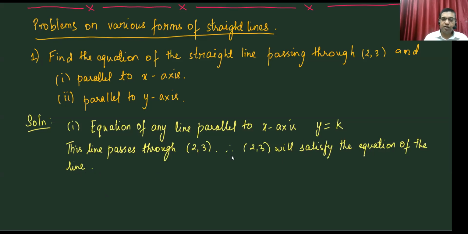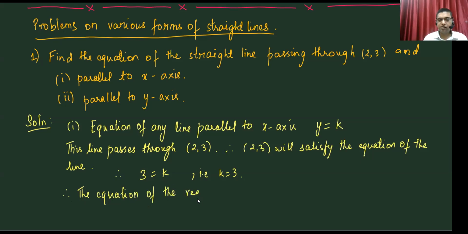So substitute the point. X is not there, y is 3. Instead of x comma y, you have to substitute 2, 3. Therefore you get 3 equal to k. So k equal to 3. Therefore, the equation of the required line is y equal to 3.